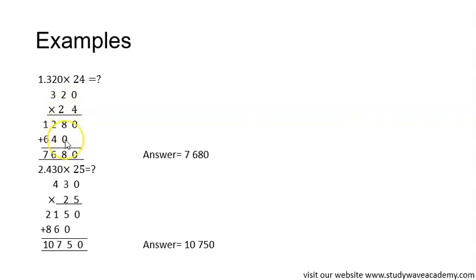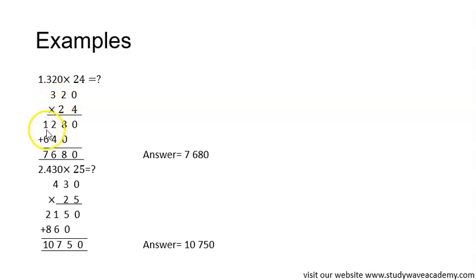So 2 times 0 is 0. Then 2 times 2 is 4. You write out 4. Then 2 times 3 is 6. You write out 6.